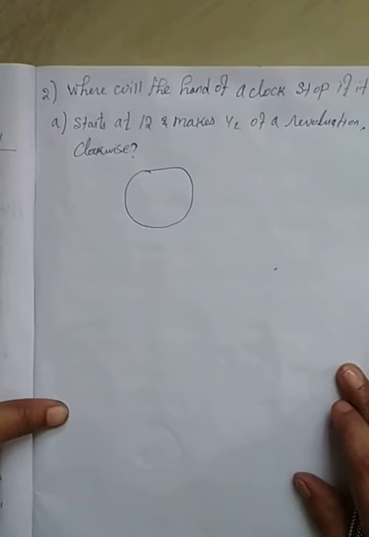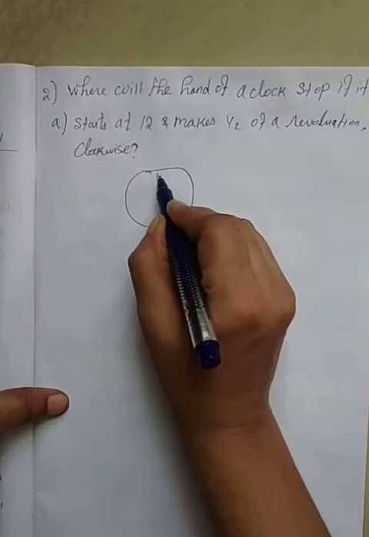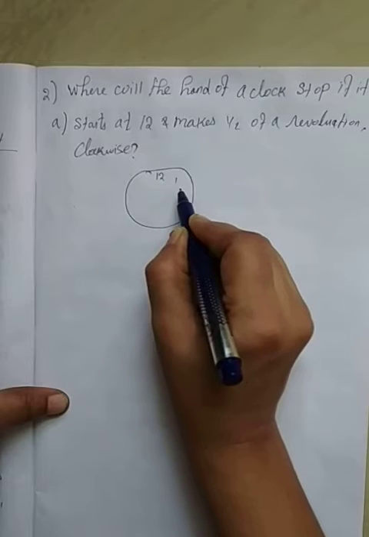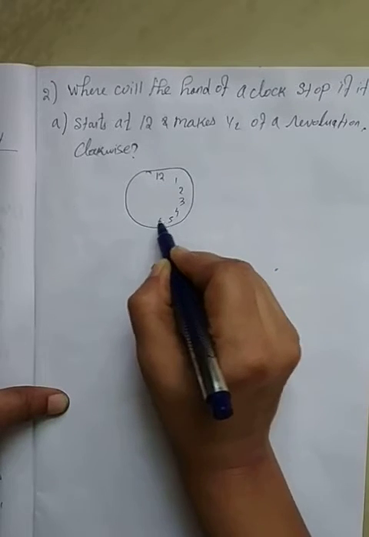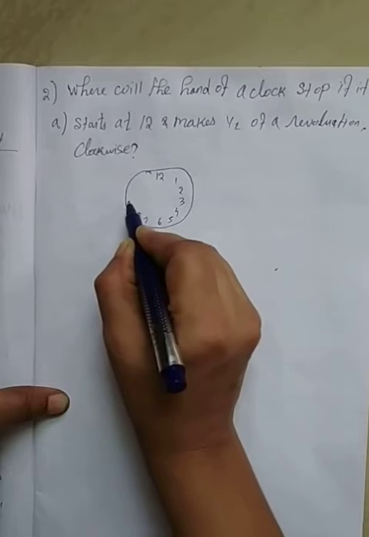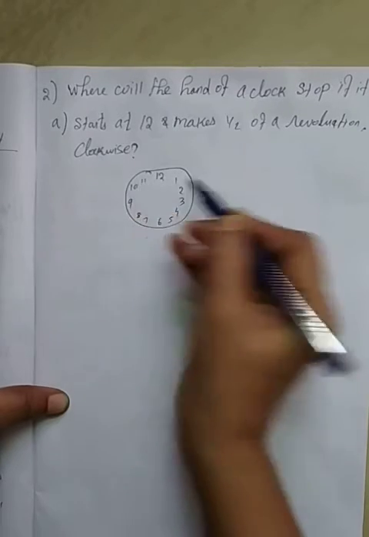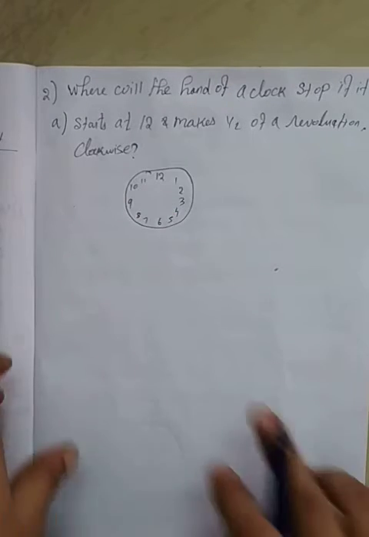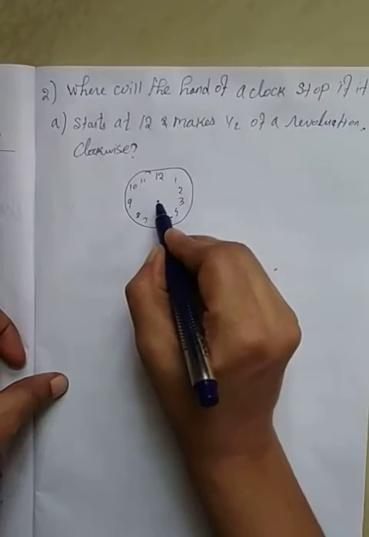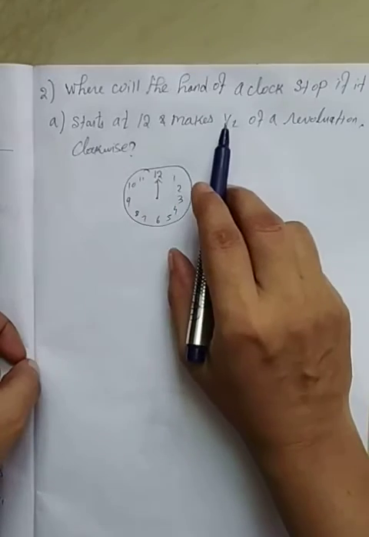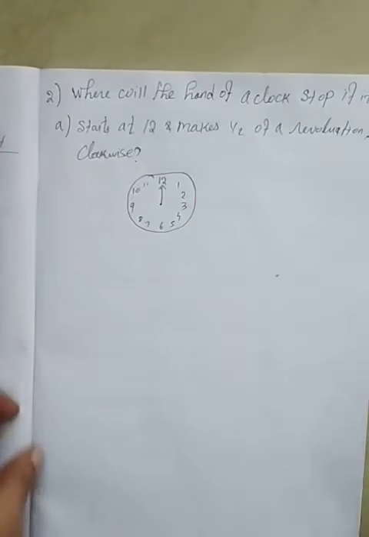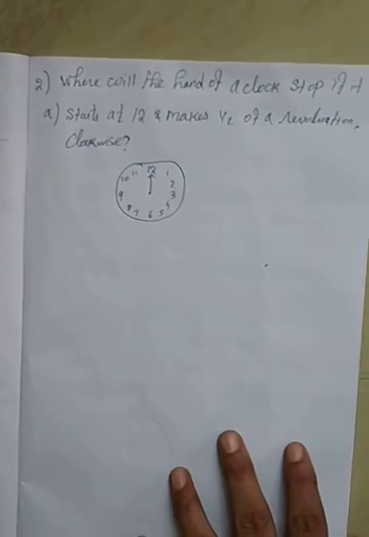In this clock, this is 12, 1, 2, 3, 4, 5, 6, 7, 8, 9, 10, 11. Starts at 12 and makes 1 by 2 of a revolution clockwise.